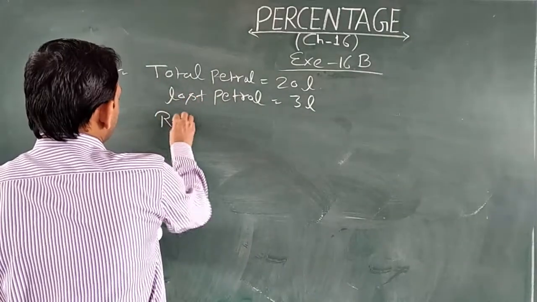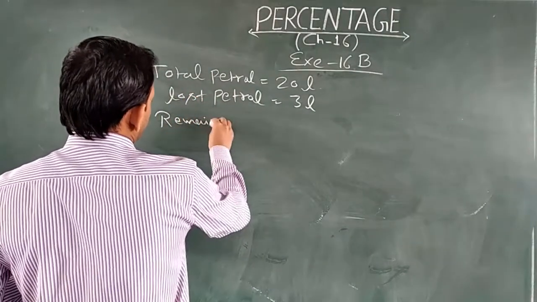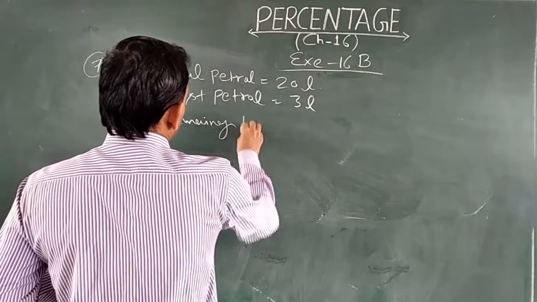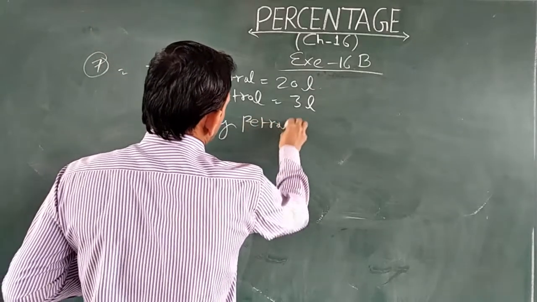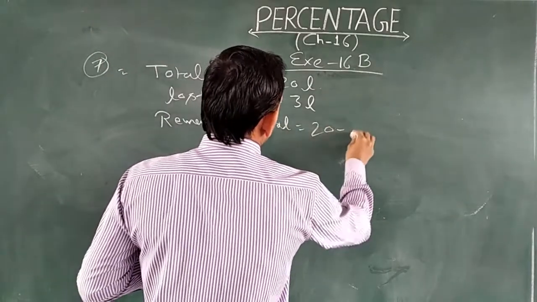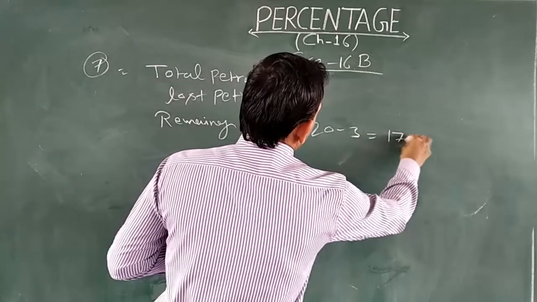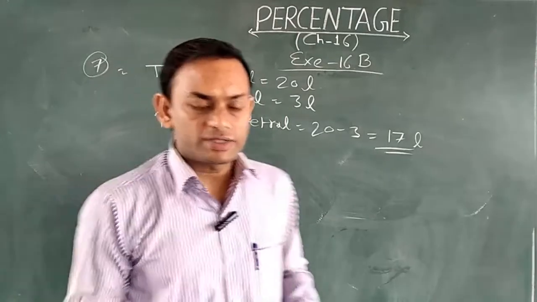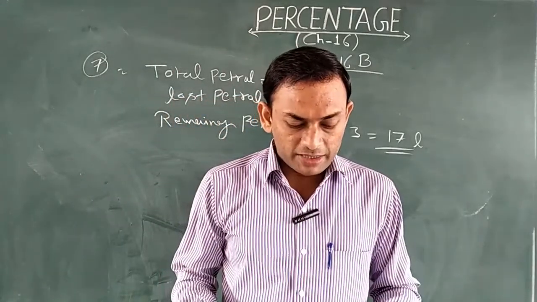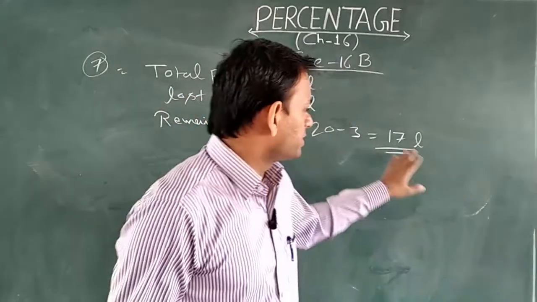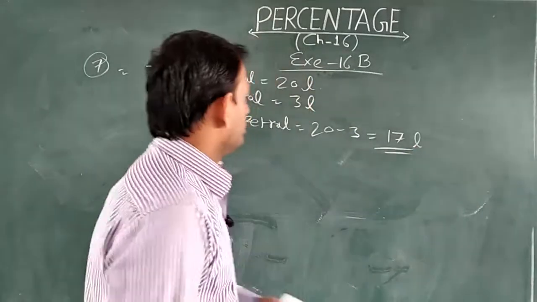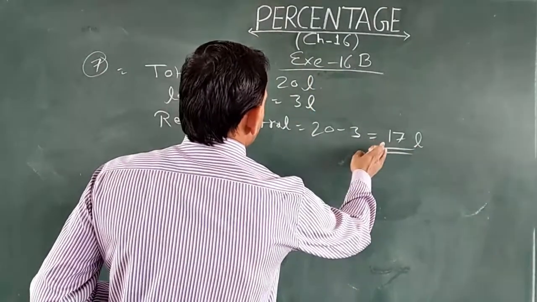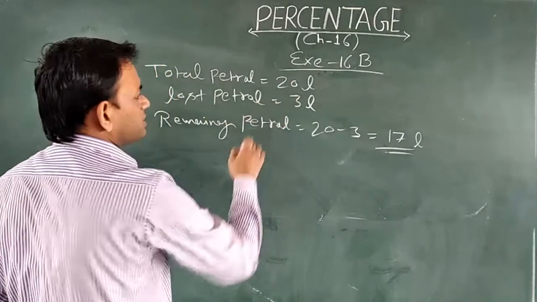So remaining petrol, 20 minus 3 will be 17 liters. Means 17 liters of petrol has been left in the tin. But we have to find the percentage of it. What is the percentage of 17 out of 20?